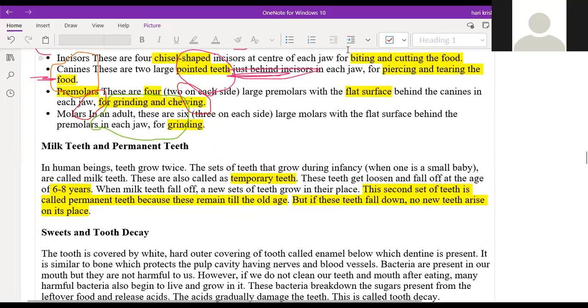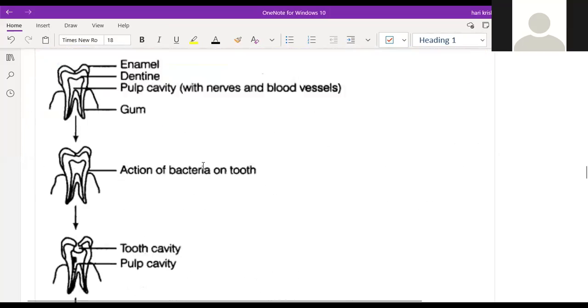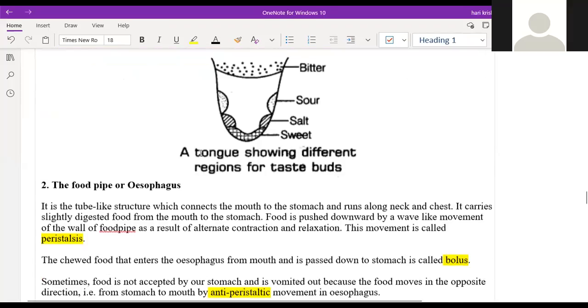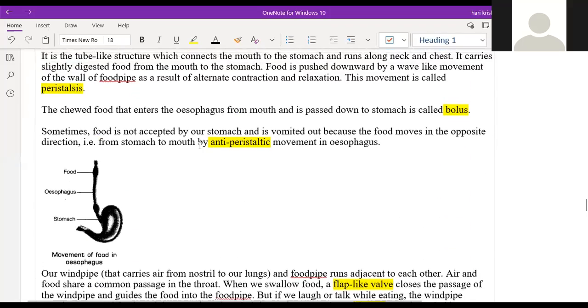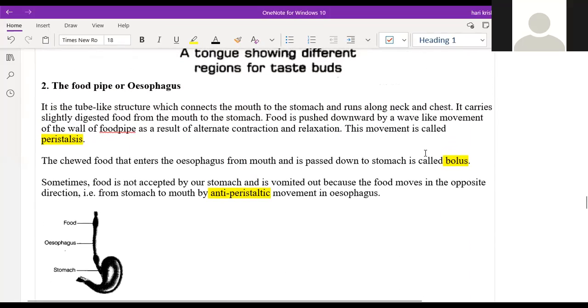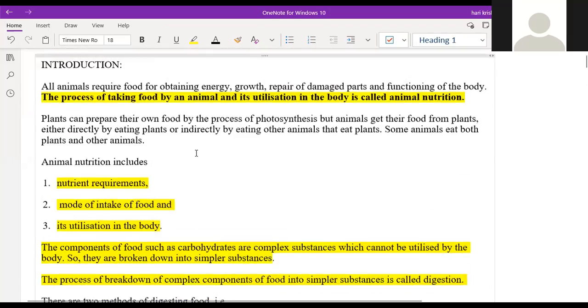Someone said, is it bolus? Esophagus? No. Bolus. Okay. Ahana, sir, is it bolus? Correct, it is bolus only. So the chewed food that enters the esophagus from the mouth and passes down to the stomach is called a bolus.